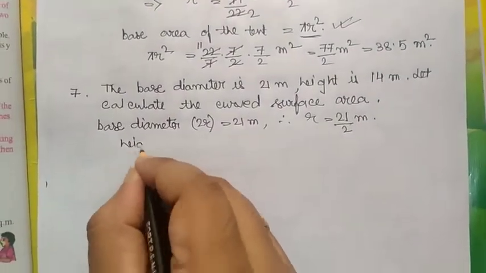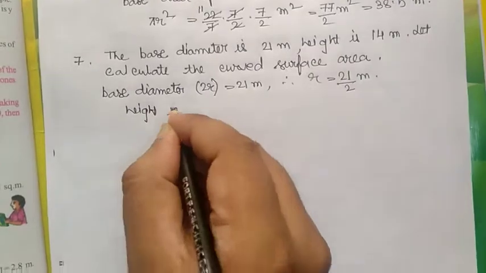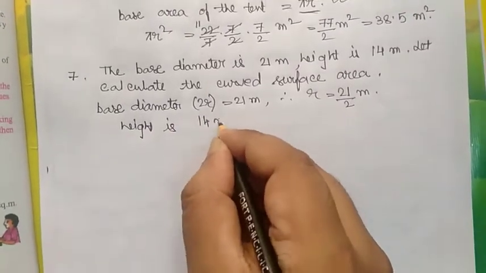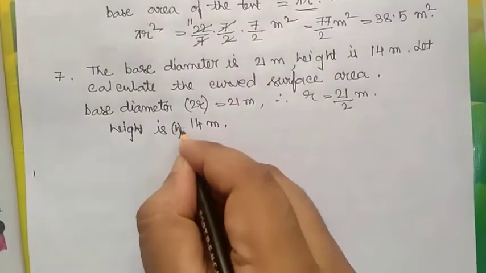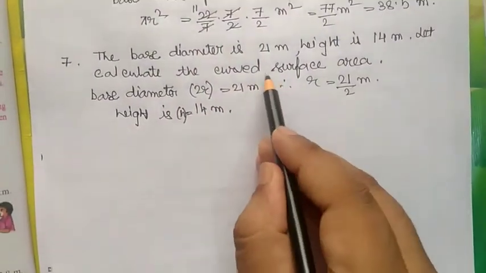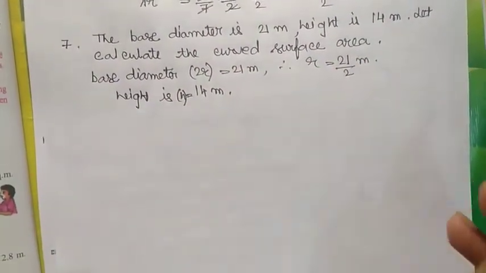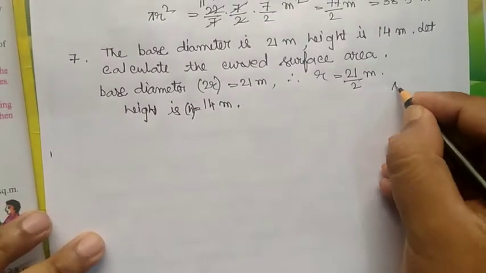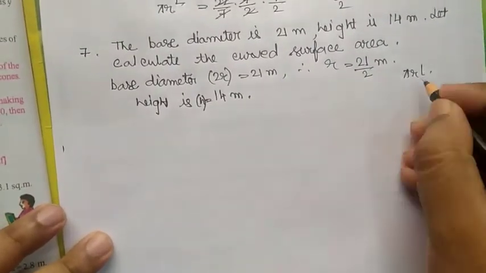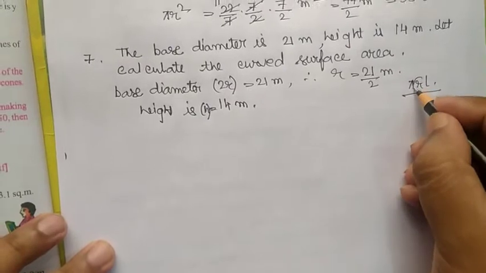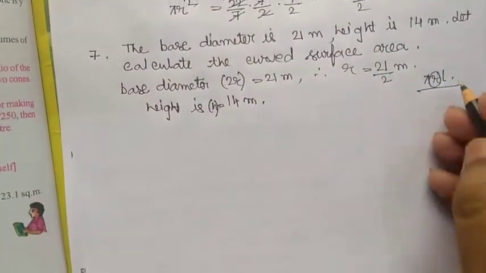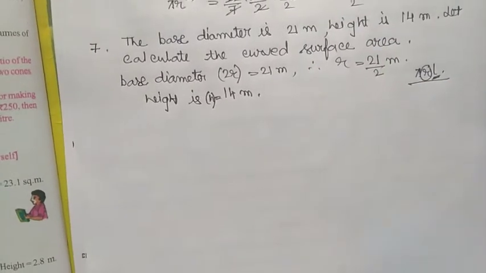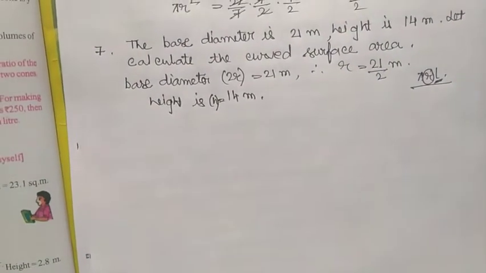Height is given as 14 meter. Height means h. We have to find the curved surface area. So the curved surface area formula is pi rl. In this formula, we know that r is 21 by 2, but we don't know the value of L. So first of all we have to find the value of L.